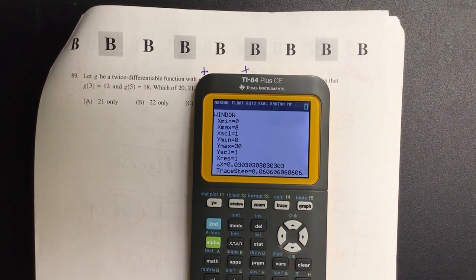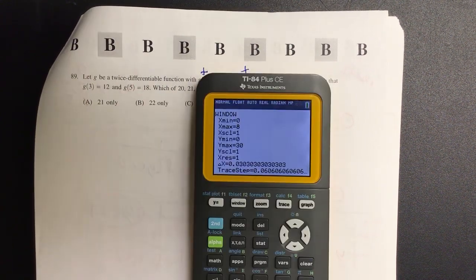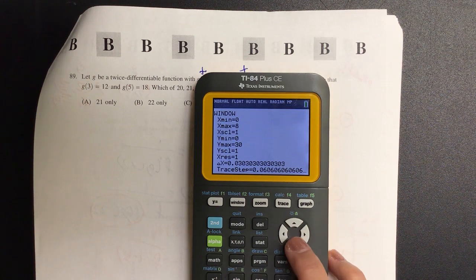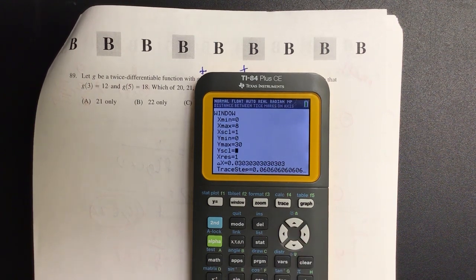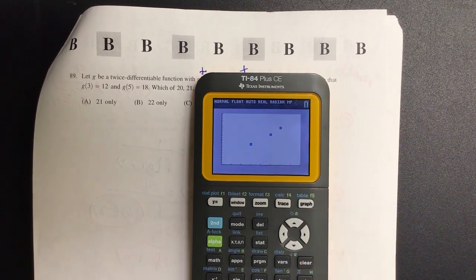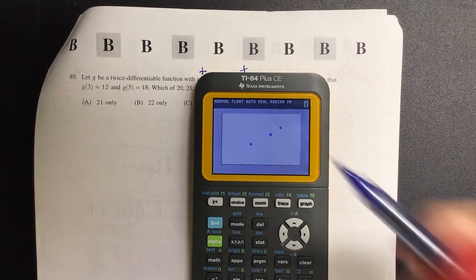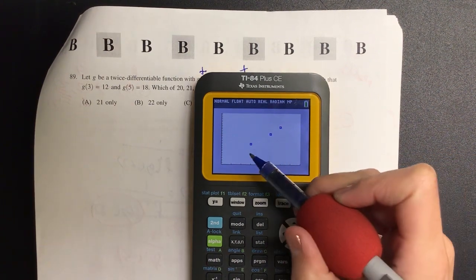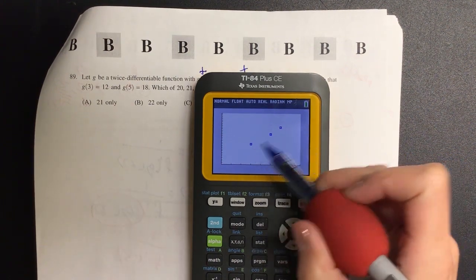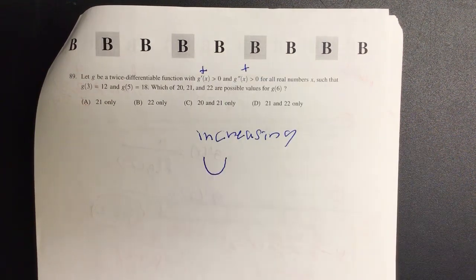And since my greatest y value is 22, I think I'm going to be okay with a 30. Again, if you put 40, that's okay. As long as those 3 points are graphed, we're good to go. Then click on graph. It is increasing, and if I were to connect this in a curvature manner, it is going to be concave up. So therefore, it's got to be B.